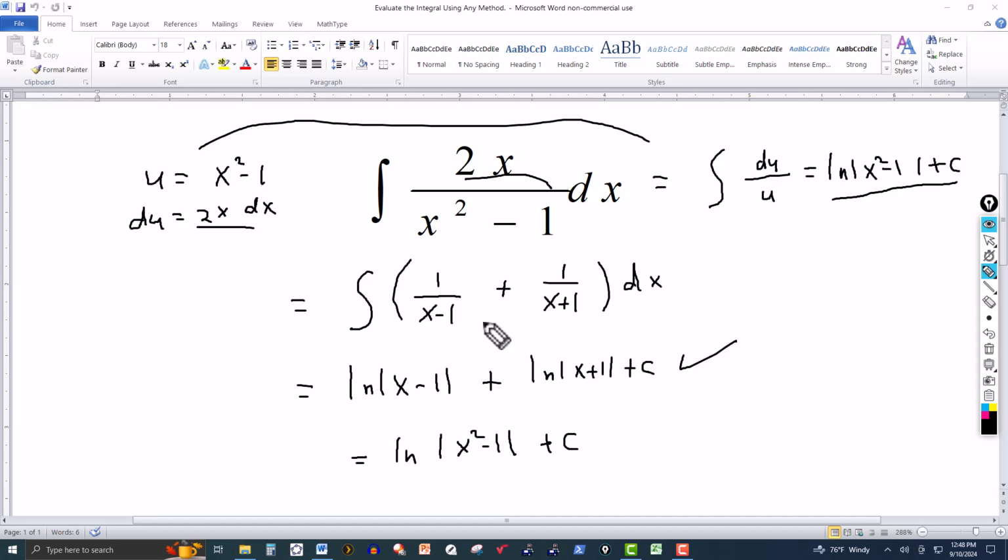Which one's the quicker or the easier way to set up the problem? This integral was a rational expression. So usually if you have a rational expression, you look for partial fractions. I always like to look for a u-substitution. Sometimes that's the easier way or the quicker way, and that's the case in this problem.